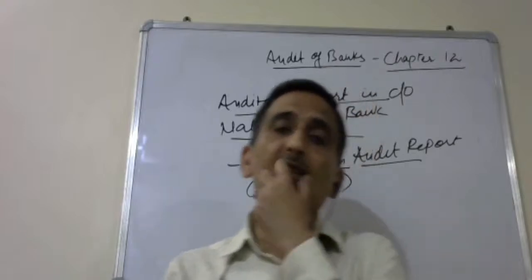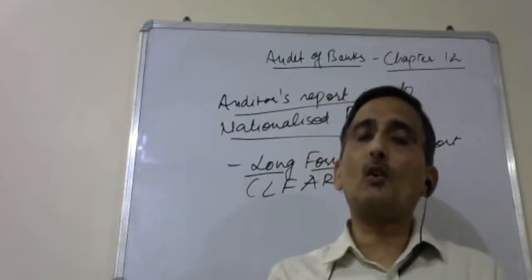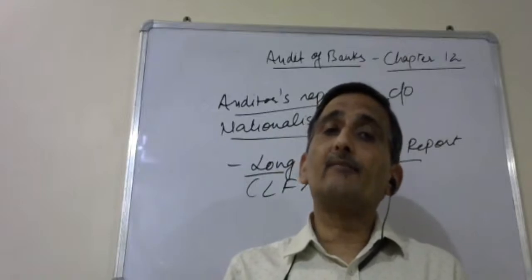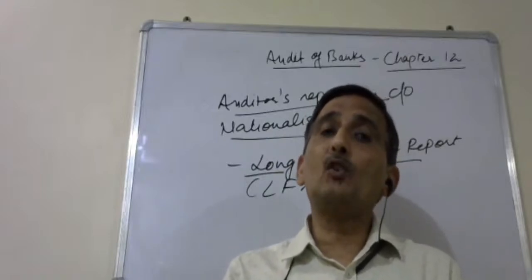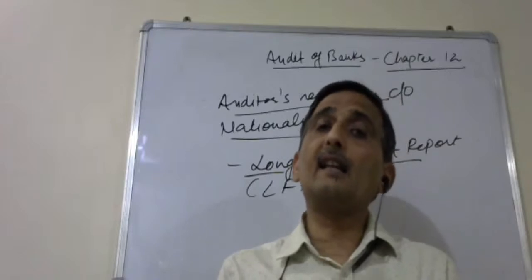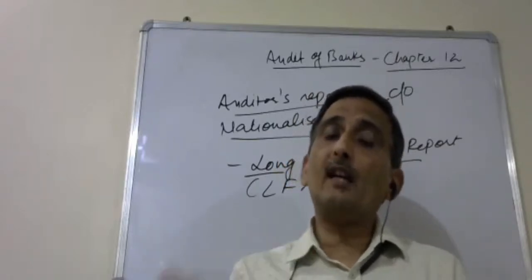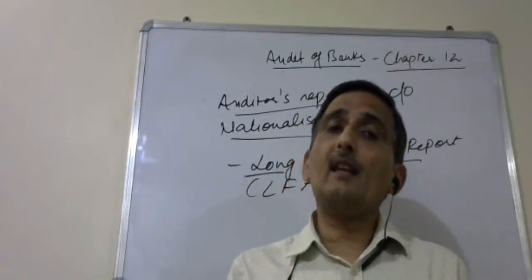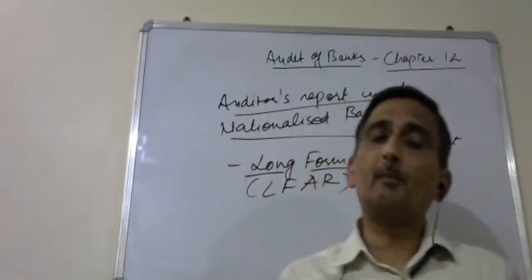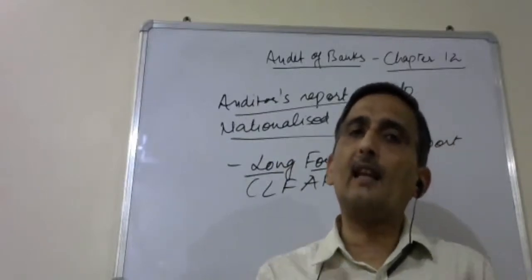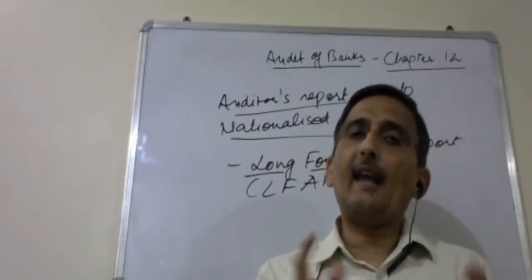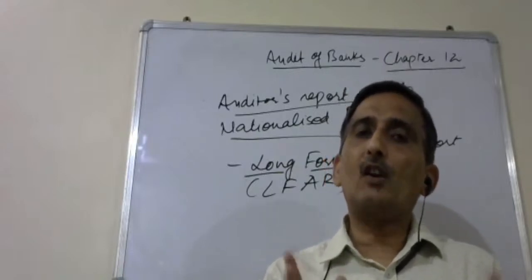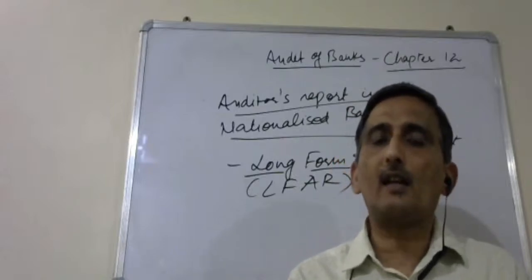Because by studying these reports, say by studying the concurrent audit report of the branches of bank, the auditor might come to know whether some fraud has occurred. It is already there, the concurrent auditor has already stated it. These reports become a tool of arsenal in the hands of a statutory branch auditor or a statutory central auditor. Okay.